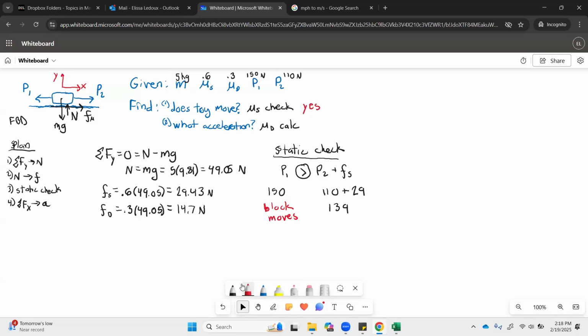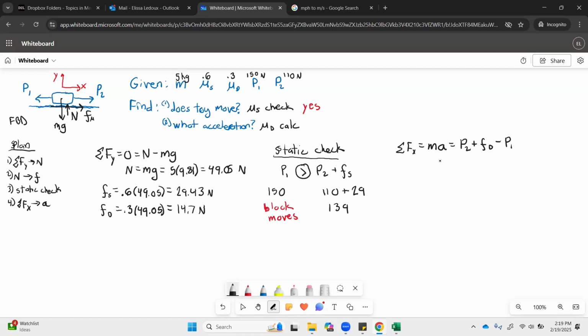So now we'll sum our forces in the x direction and get acceleration. So sum of the forces in x, in this case, equals mass times acceleration. So now we put those forces in. Going to the right, we have P2, which is positive x direction, plus the friction force. In this case, we're going to use the dynamic friction because we know that the block is moving. And then we subtract P1.